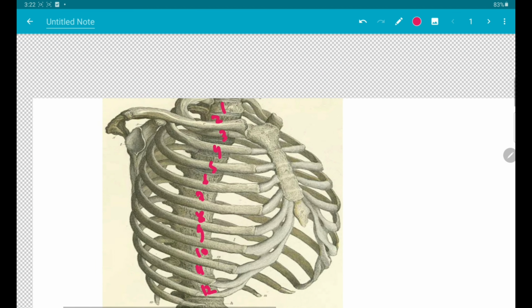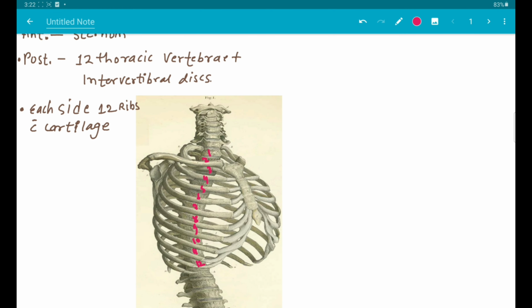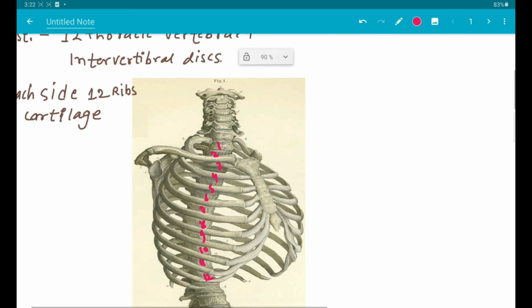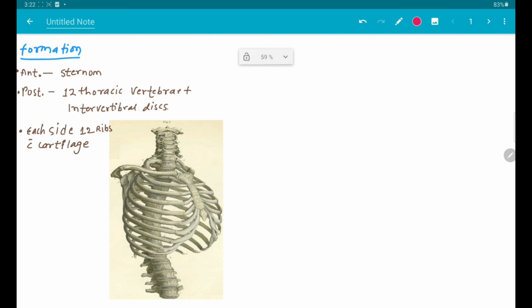These 12 thoracic vertebrae help to form the posterior side of the thoracic cage, and along with them the intervertebral discs, this portion, also help to form the posterior part of the thoracic cage. This one is also called the vertebral disc.